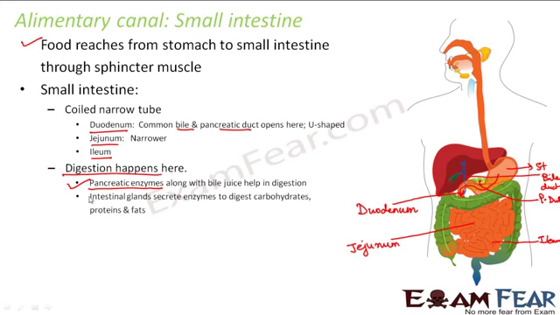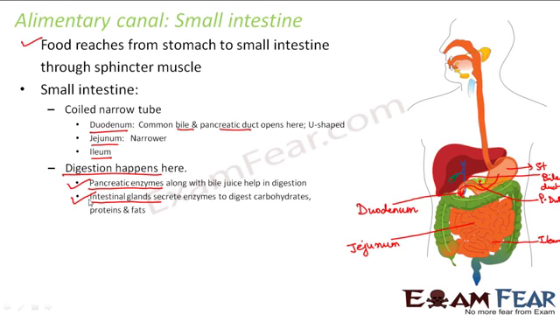On top of that, there are some intestinal glands which secrete enzymes to digest carbohydrates, proteins and fats. These intestinal glands also want the medium to be alkaline, and that medium is made alkaline by bile juice.